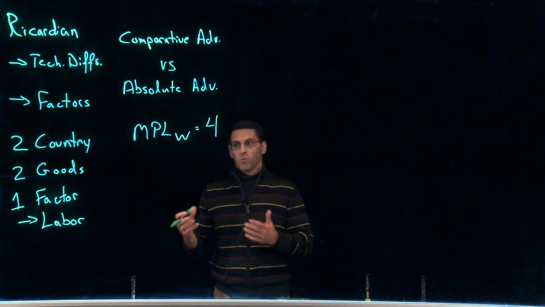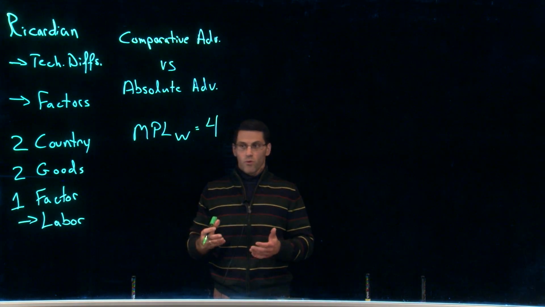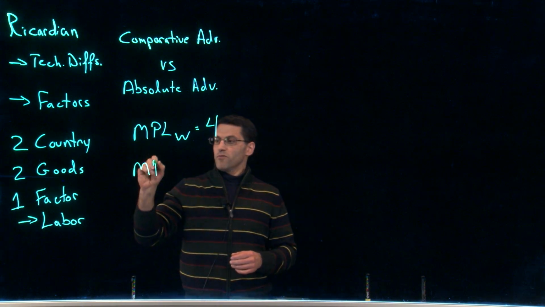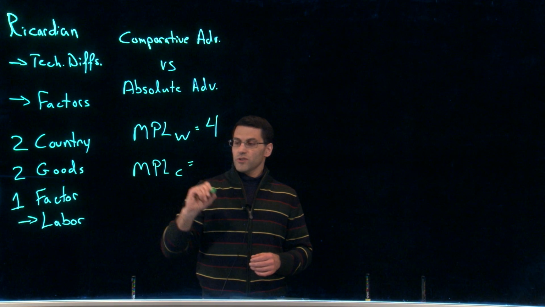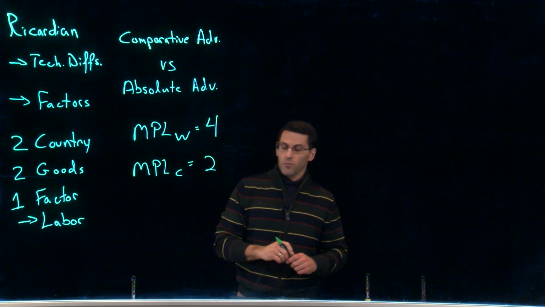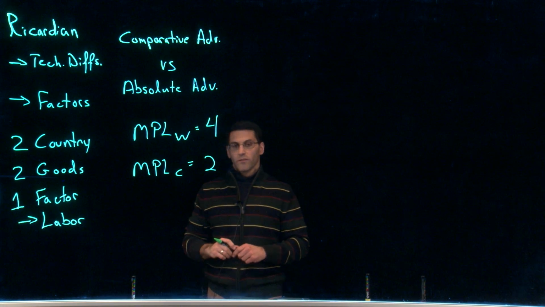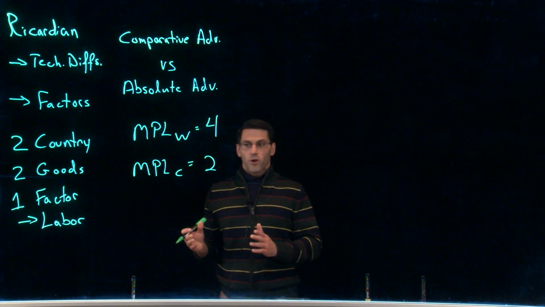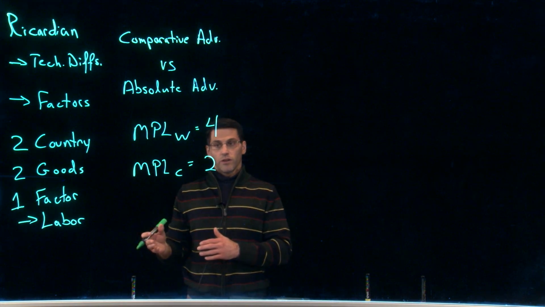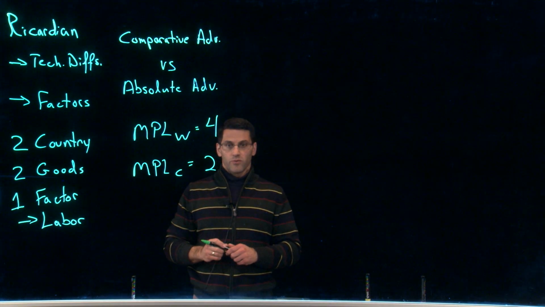That means that each worker can produce 4 bushels of wheat. The productivity of workers in the cloth sector, which is our 2nd good, is 2. So each worker can produce 2 yards of cloth. If you take a worker and have them produce wheat, they'll produce 4 bushels of wheat. If they produce cloth, they'll produce 2 yards of cloth.